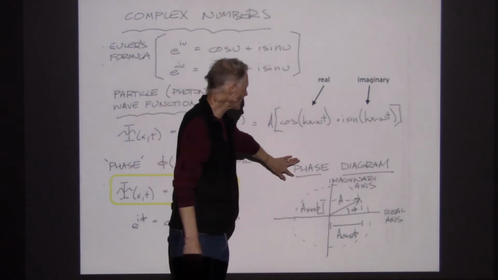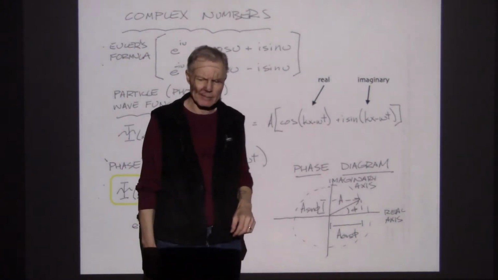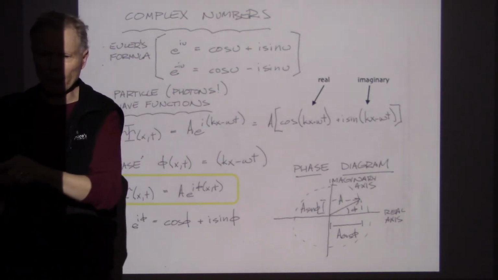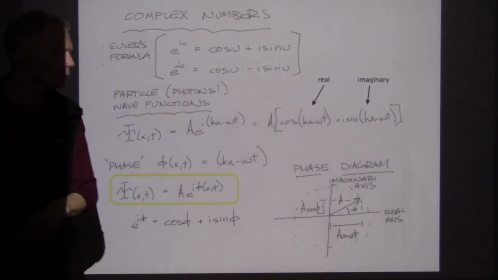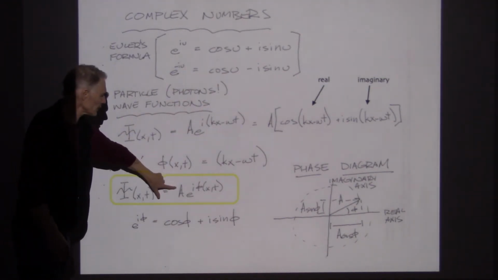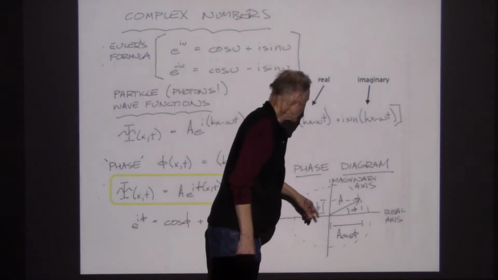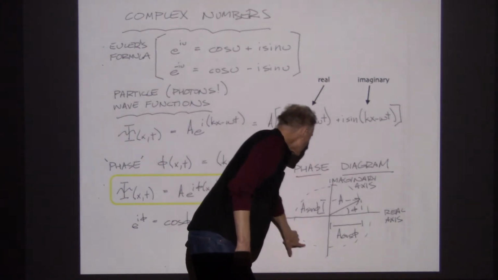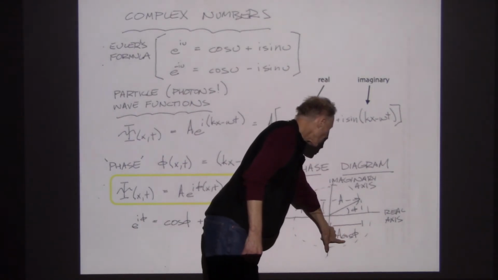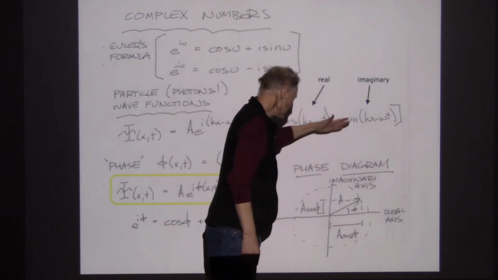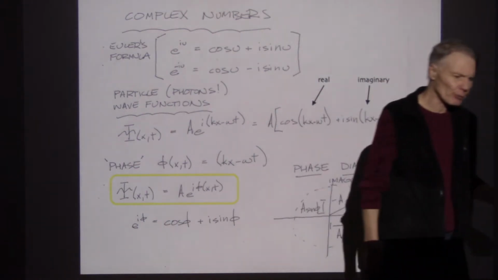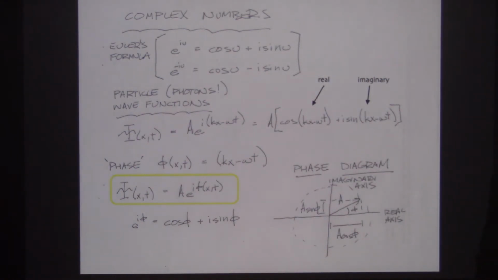There are what are called phase diagrams. So what happens on a phase diagram is, instead of a cosine function that oscillates back and forth or a sine function that oscillates back and forth, when we do a phase diagram of this complex exponential, that's equivalent to having something follow a circular trajectory in the complex plane, where the real portion, a cosine phi, is a projection onto the real axis, and the imaginary portion, a sine phi, is a projection onto the imaginary axis.